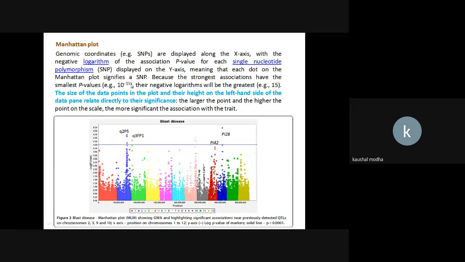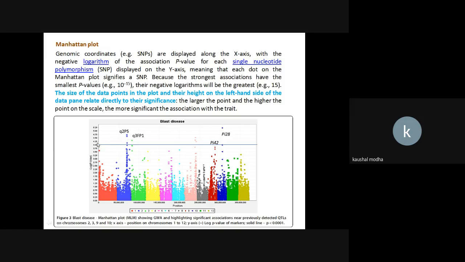Now, if you compare that with 10 raised to minus 17, that error probability is low. 10 raised to minus 17 is low as compared to 10 raised to minus 15, so it will give you the value of 17. That means the higher the value of negative logarithm of these p-values, the higher the significance of that SNP.